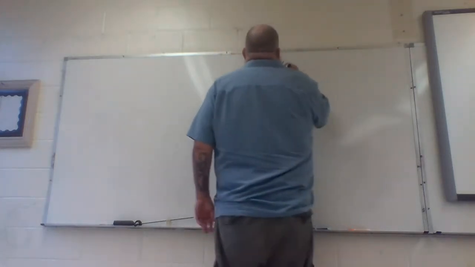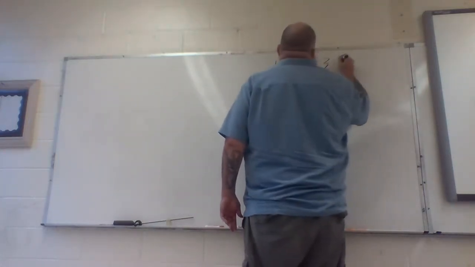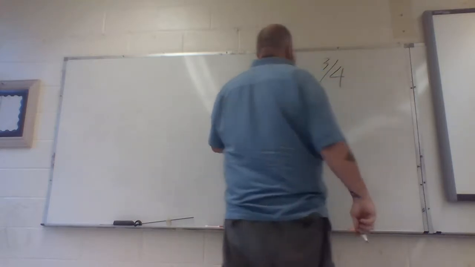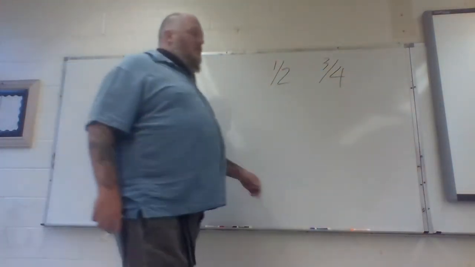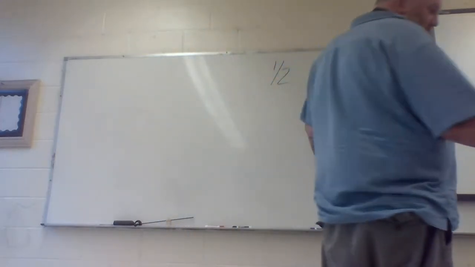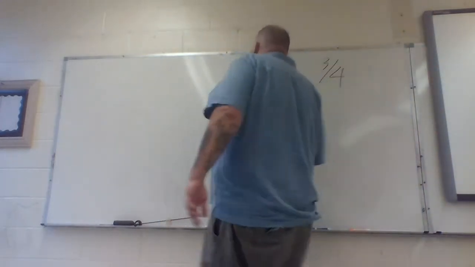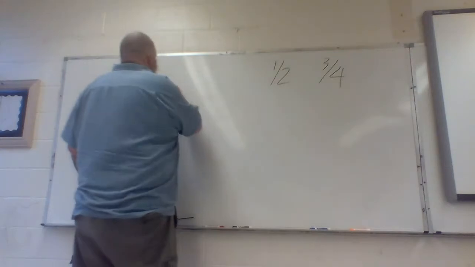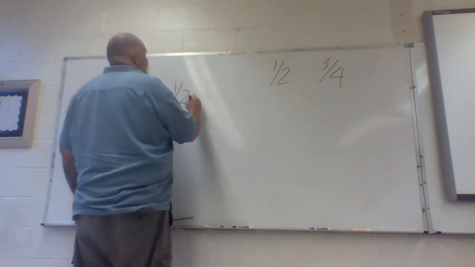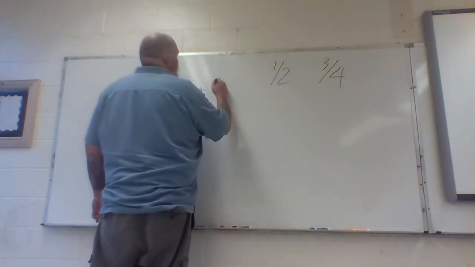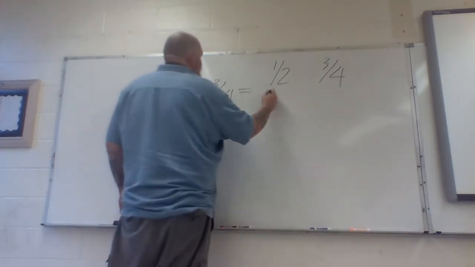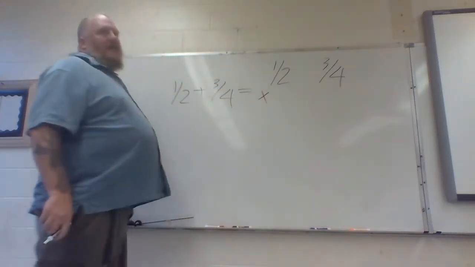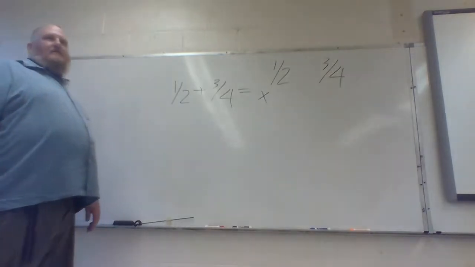So, we have to find the rational number between these two. All right? So what we're going to do first is we're going to add these two together. So we got 1/2 plus 3/4 equals X. Well, we're going to have to get the common denominator for those, correct?